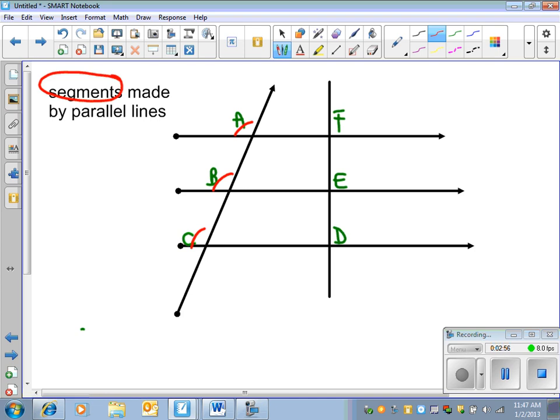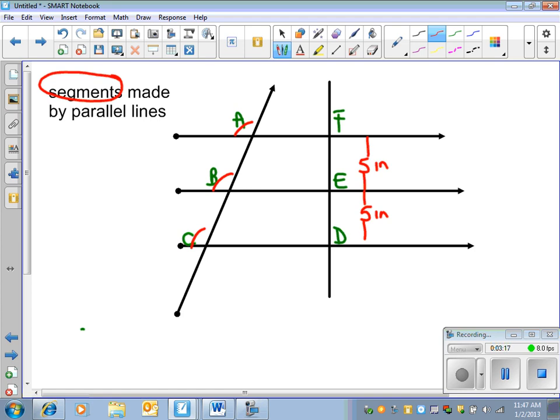So if I measure, folks, here from F to E, and this distance from F to E is 5 inches, and this distance right here from E to D is 5 inches, then the segments that are made over here are also going to be the same.